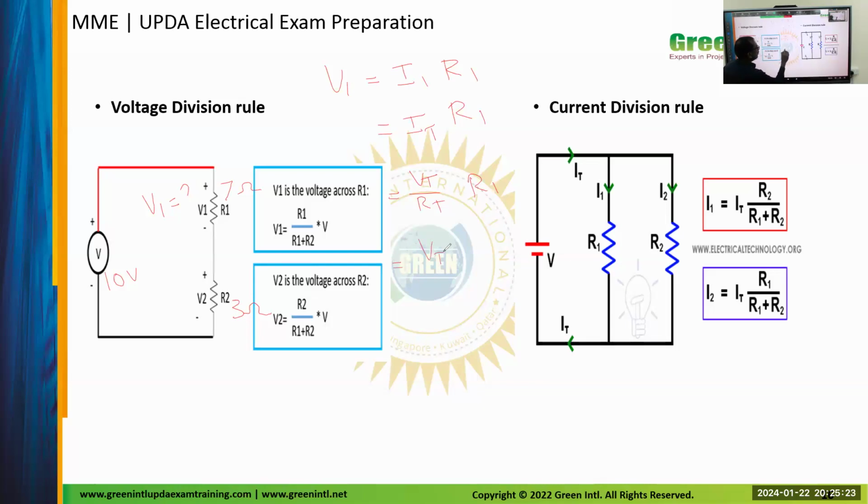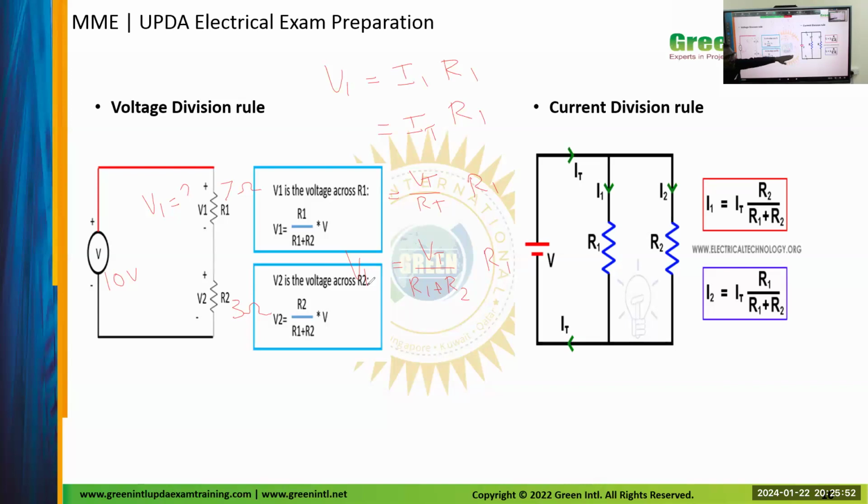VT. What is the total resistance? What is the formula in the series circuit? R1 plus R2 plus R3 and so on. So here we say R1 plus R2, into R1. So V1 is equal to VT divided by R1 plus R2, into R1. Here there is no need to calculate the current; without calculating the current, by using the formula we directly get it.